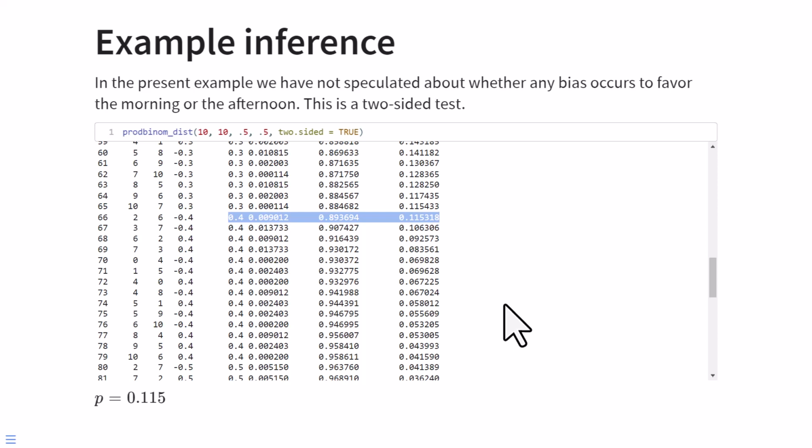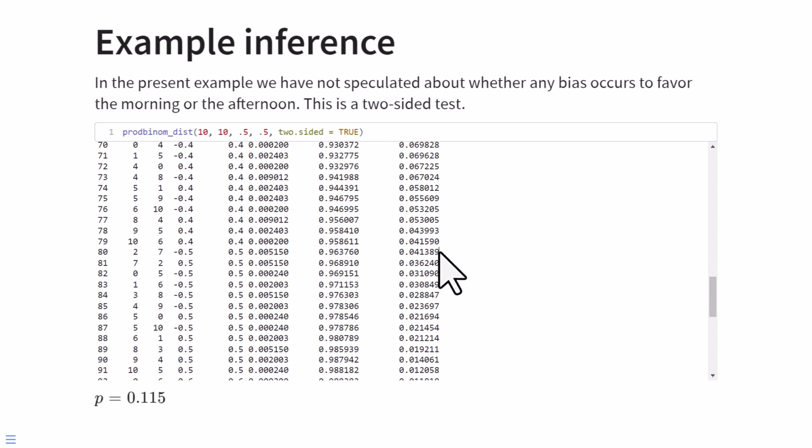If I had been looking for a critical value, let's suppose that my alpha was 0.10, perhaps because I'm using a small sample size, 10 in each group, and I chose 0.10 instead of 0.05. I would notice for 0.10 that the closest I can come without going over is right here at 0.09. However, there are 0.4s that are beyond this 0.09, so I cannot use 0.4 as my critical value. I'm going to have to go down to 0.5. Now I could use 0.5 as my critical value.